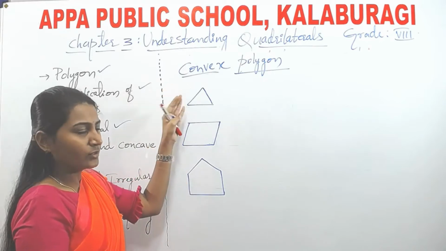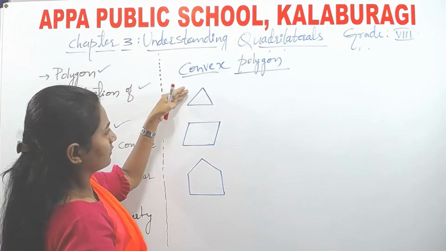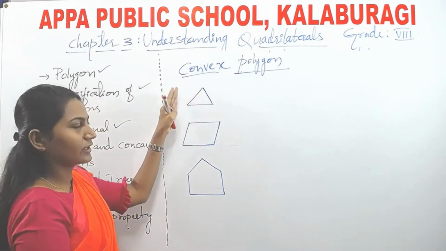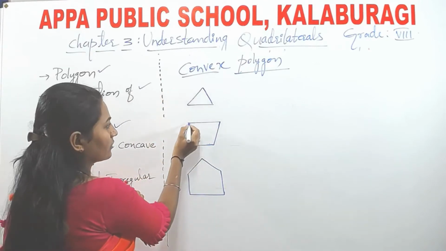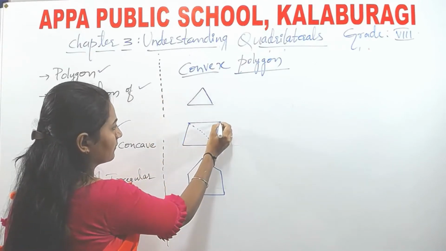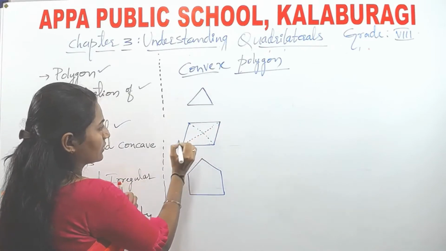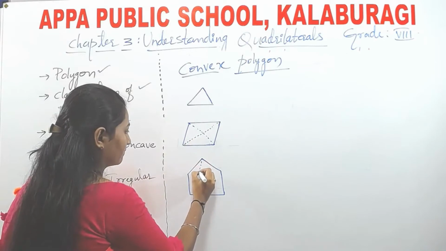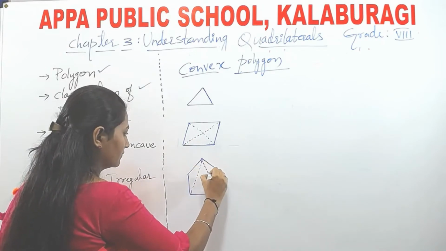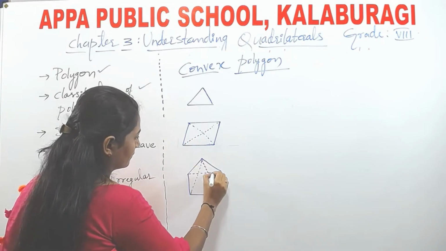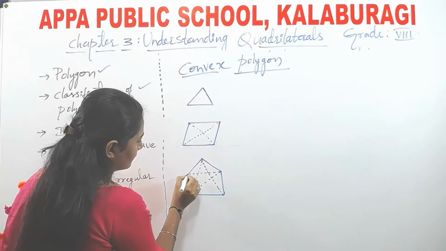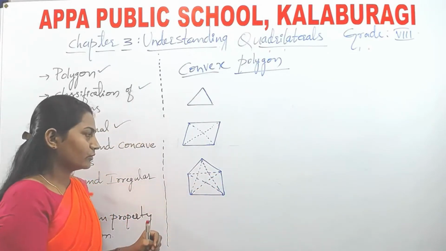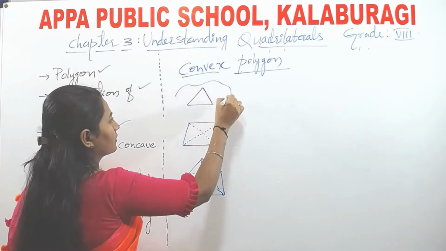I have also drawn the diagonals, and even a triangle does not have any diagonal. That's okay. But if I draw the diagonals for a quadrilateral, can you see the diagonals? I'll just draw something here.